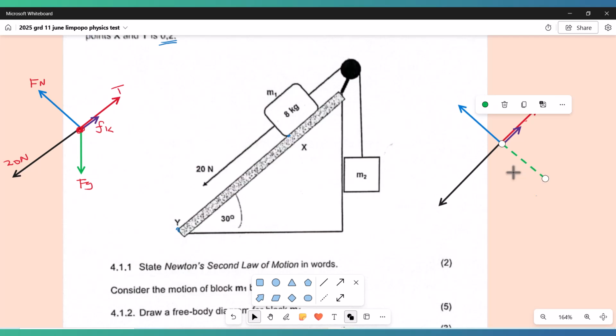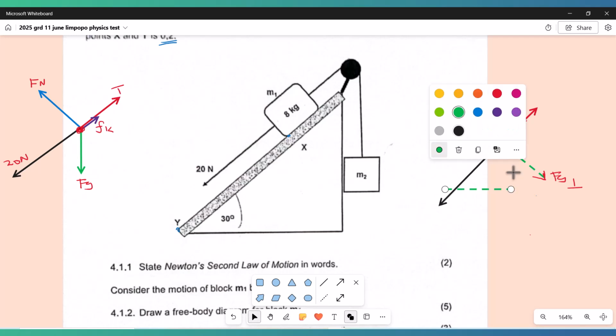Then now the other component is going to be the one taking the block down the slope, okay? So this is my Fg perpendicular. We call it Fg perpendicular. Why? Because it is perpendicular to the surface altogether. Then I'm going to have my Fg parallel.